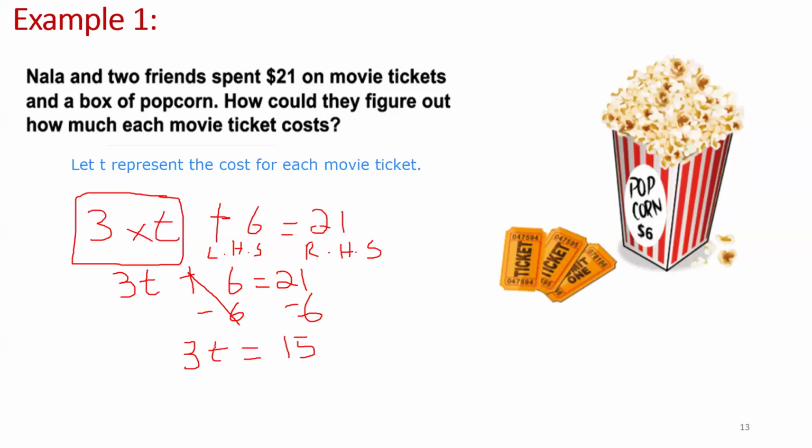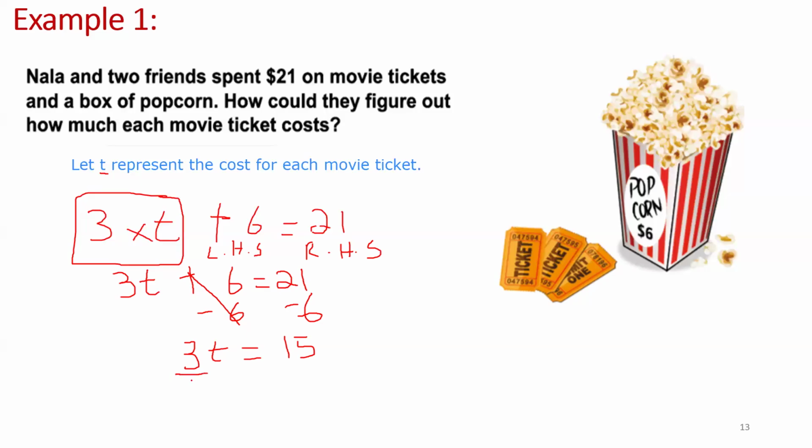Remember, the goal is to get t by itself, and right now we still have 3 beside the t. So we still haven't isolated the variable. We need to do one more thing. Because remember, what we want is t, not 3t. To get rid of the 3 here, we do the opposite of what is happening to the t. The 3 is multiplying the t, so we do the opposite of multiplication, which is division, to get rid of the 3.